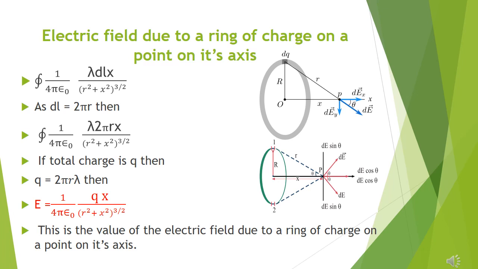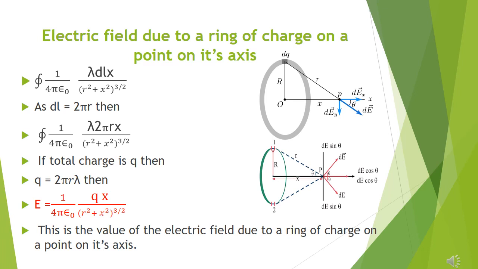Then the equation of electric field becomes 1 upon 4 pi epsilon naught q x upon (r square plus x square) to the power 3 by 2. This is our expression for the electric field due to a ring of charge at a point on its axis.